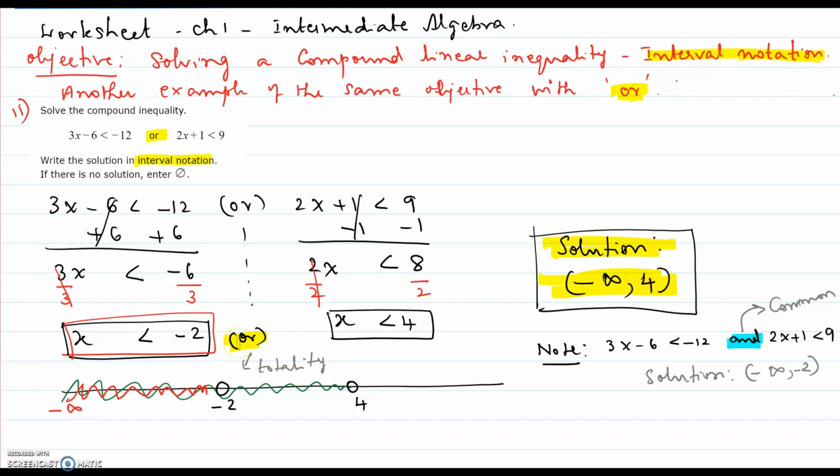If the question was and, then the solution would be negative infinity through negative 2, open interval. Negative 2 is not included, negative infinity is not included. That's all numbers running from negative infinity through negative 2. Hope this video helps.